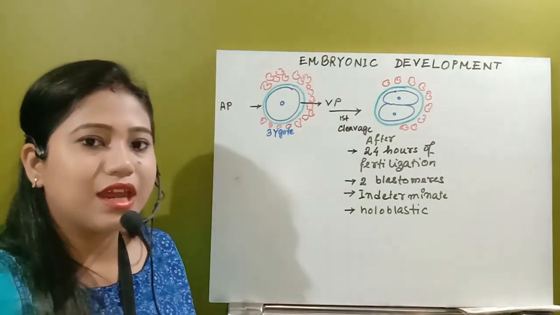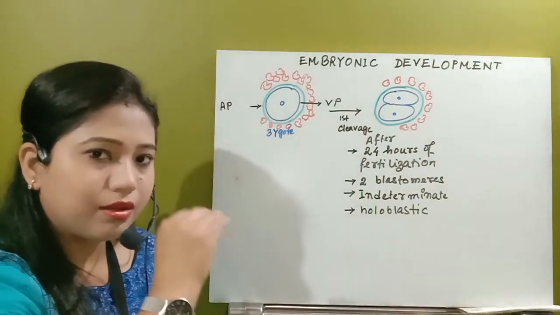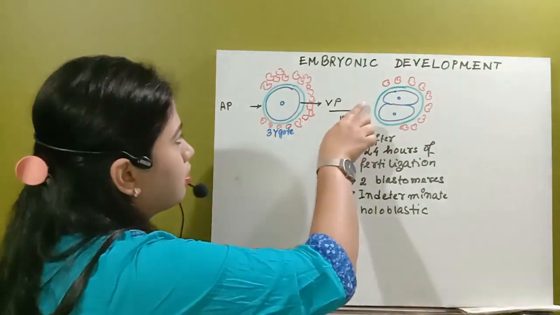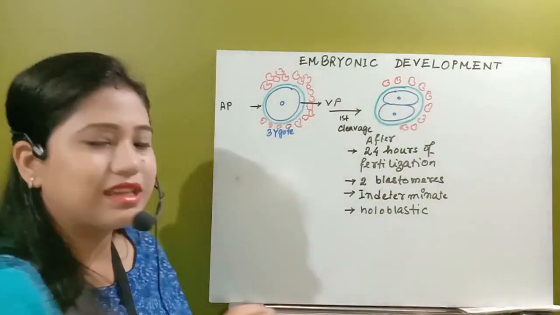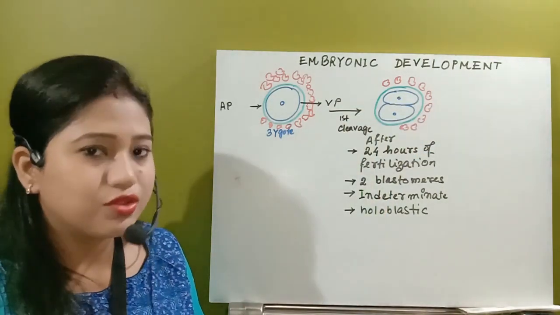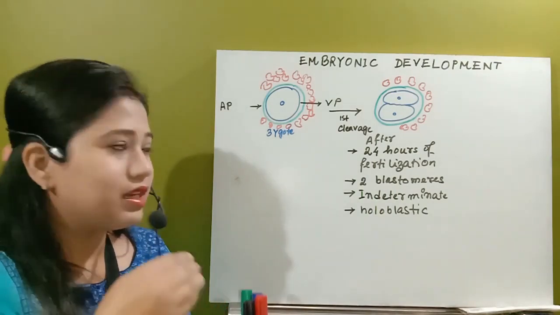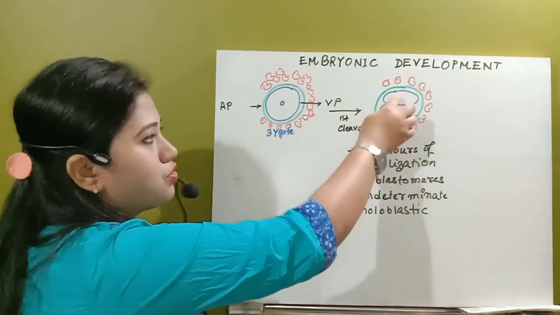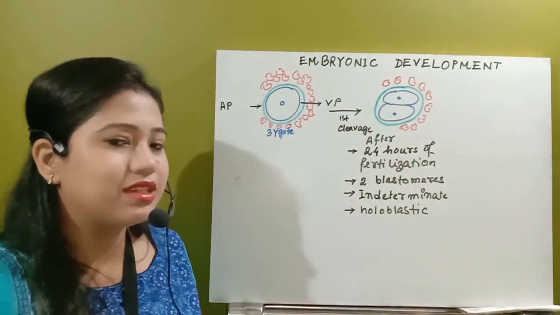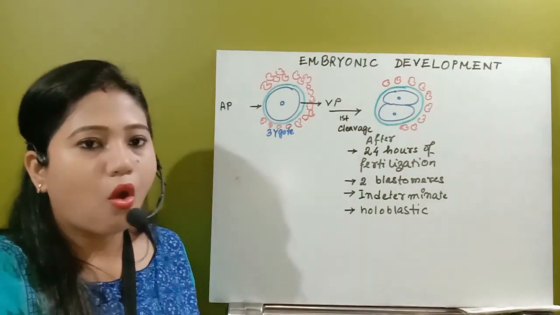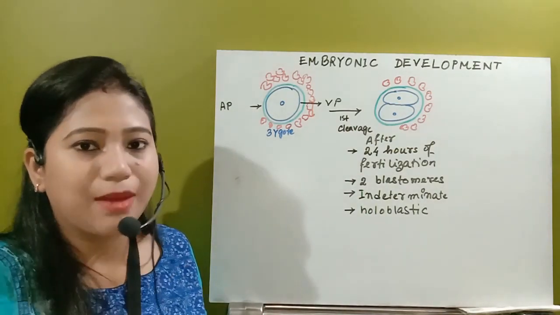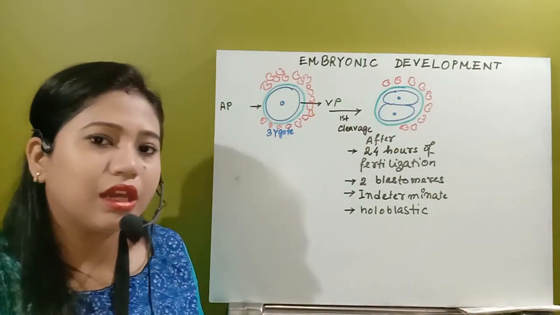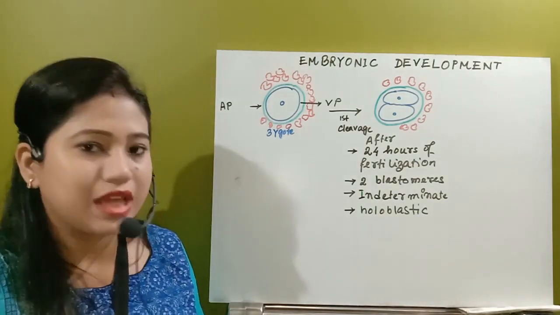Each of the cells divides along the meridional axis, the animal pole, vegetal pole axis, and forms two cells. And in between these two completely divided cells there is no common passage or gap junction, nothing is present.